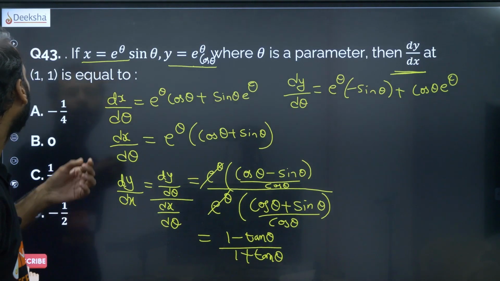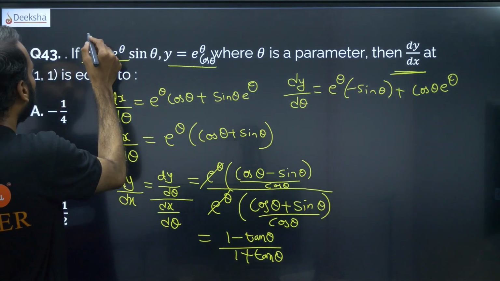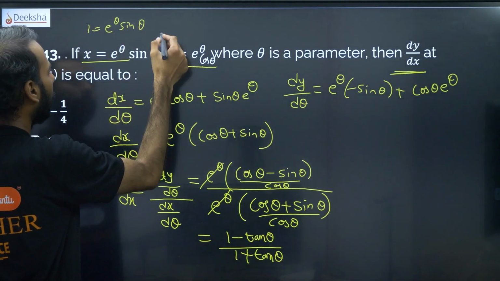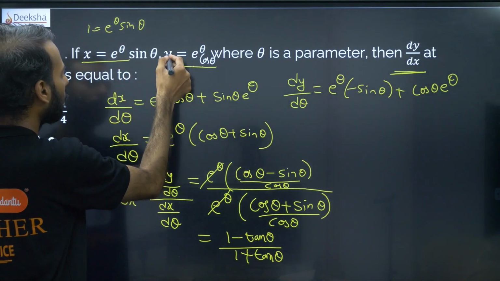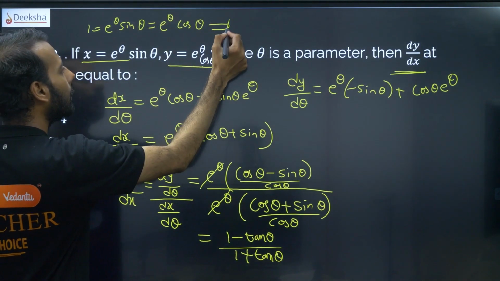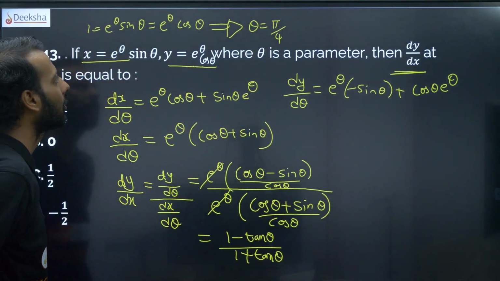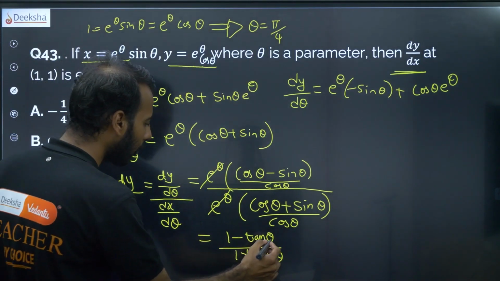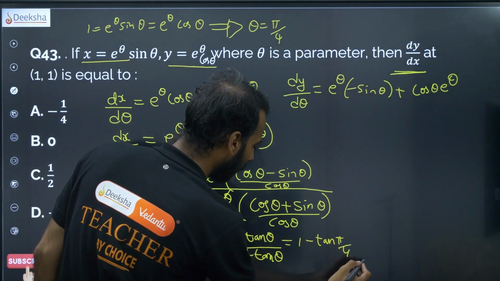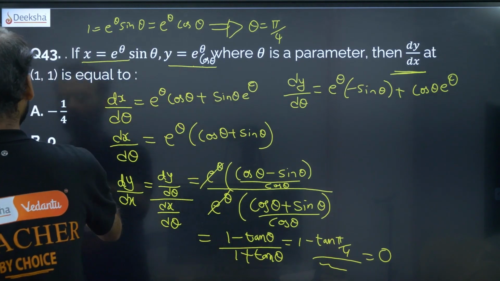Next, at the point 1 comma 1, x is 1, equal to e raised to theta sine theta, and y is also 1, equal to e raised to theta cos theta, which implies theta is equal to pi by 4, when sine and cos are equal. So placing theta as pi by 4, 1 minus tan pi by 4 is equal to 0. 0 is the answer.